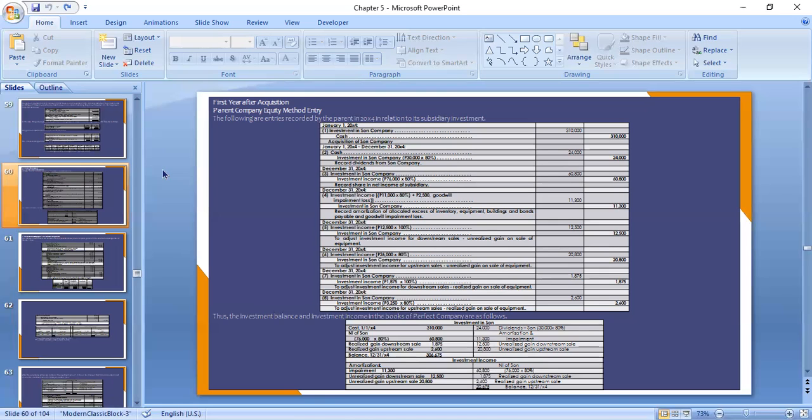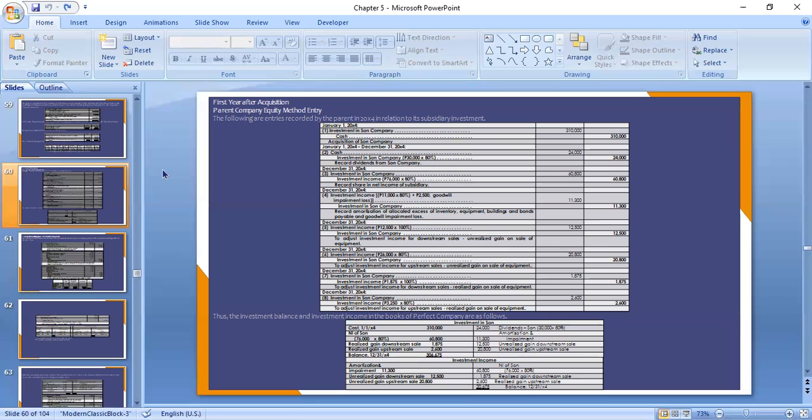On December 31, 20x4, another entry is to debit investment income and to credit investment, to adjust investment income for downstream sales for the unrealized gain on sale of equipment. Take note again that we are crediting the investment account if unrealized.